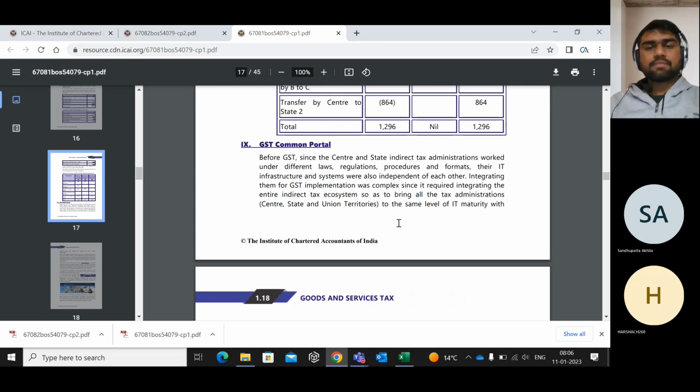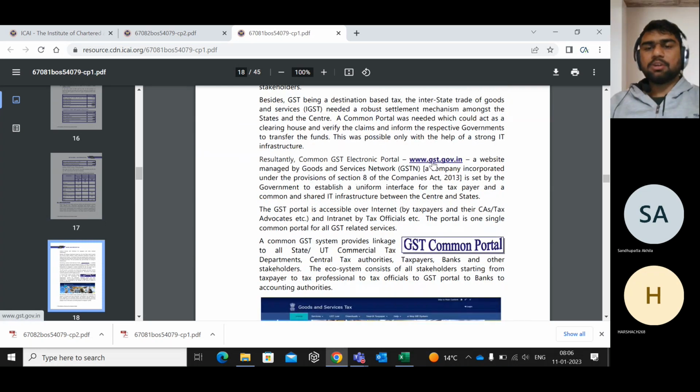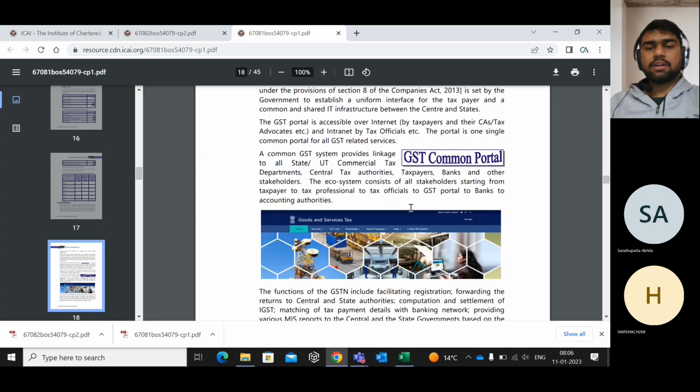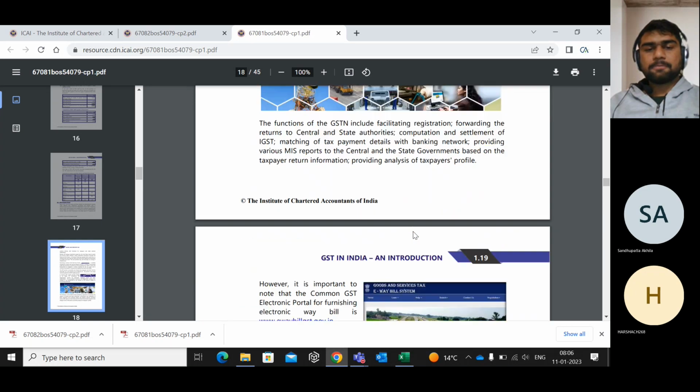That is the one portal, the GST common portal, www.gst.gov.in. When you log in, you will see the common portal displayed like this.